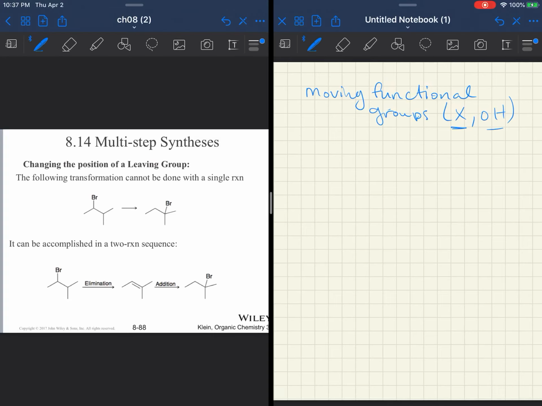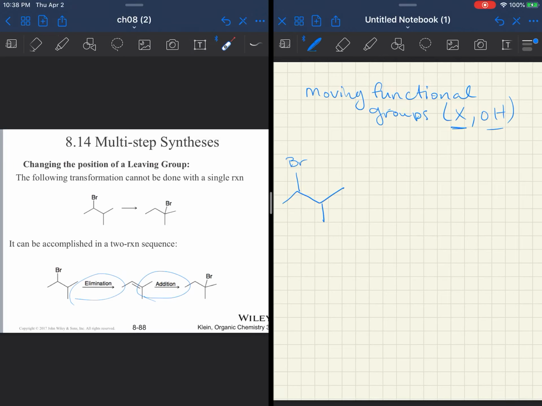If we just need to move a halogen or an alcohol over one position, you're going to start seeing this as a very repetitive combination where you're using elimination as well as addition. All right, you're taking the functional group off and then you're putting it back on where you want it to go. So let's take a look at the example they gave here.